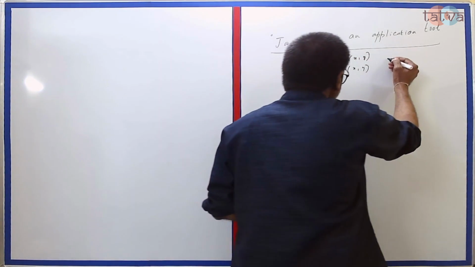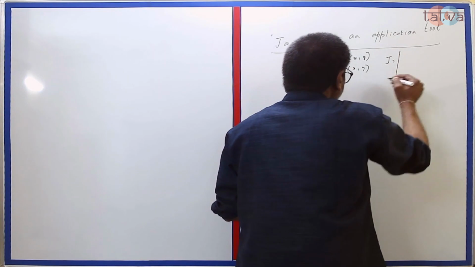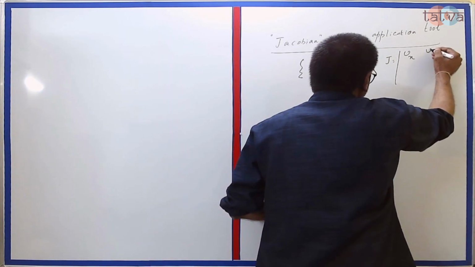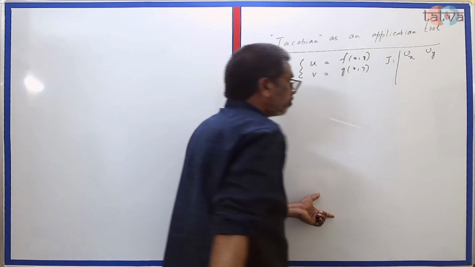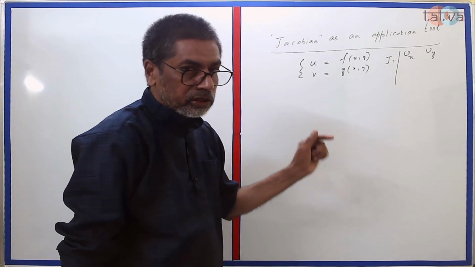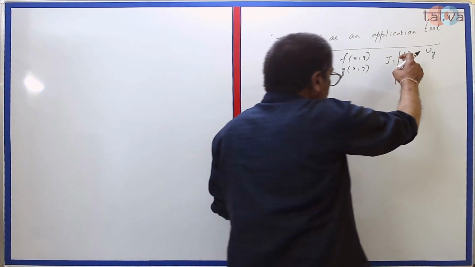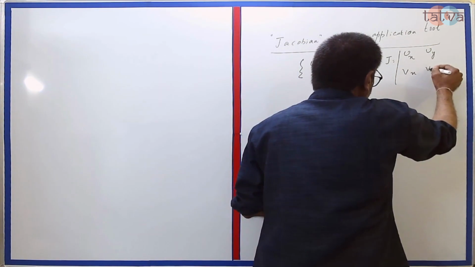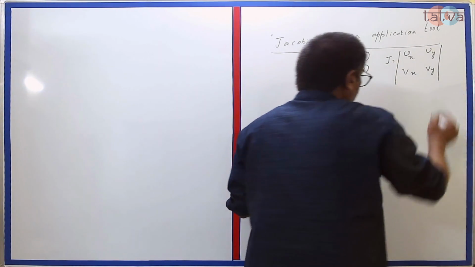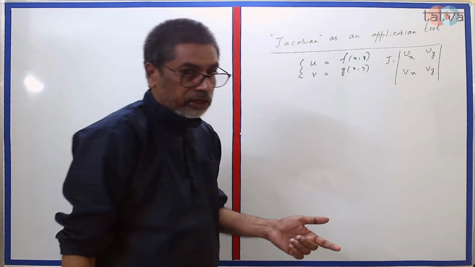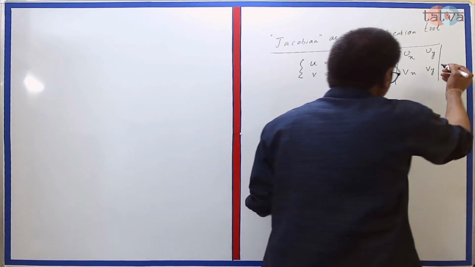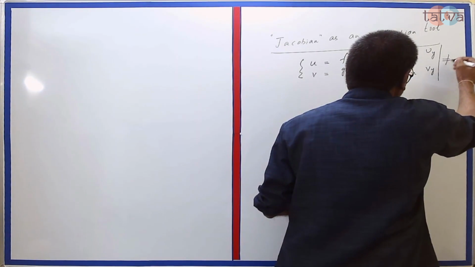Then the Jacobian is given by a determinant where we have the partial derivatives of u with respect to x and y in the first row. This is dou u by dou x, this is dou u by dou y. And then the partial derivatives of v in the second row. So things will work out only when this Jacobian is not equal to 0.